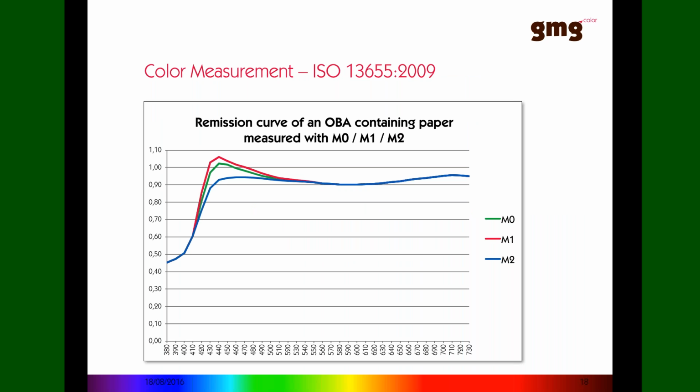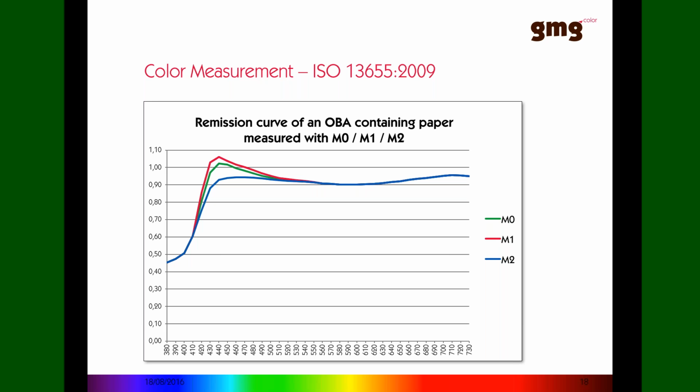So let me jump to the next slide and let me explain it a little bit. When your media or your inks that you are using contain optical brightening agents, OBAs it's called shortly, that means that OBAs turn invisible UV light, to our eye invisible UV light, into visible bluish appearing light that's reflected from the surface.